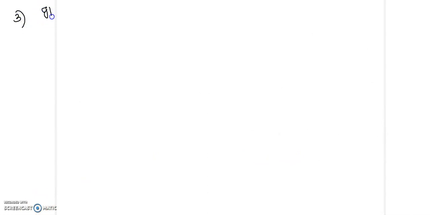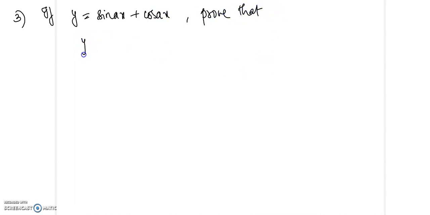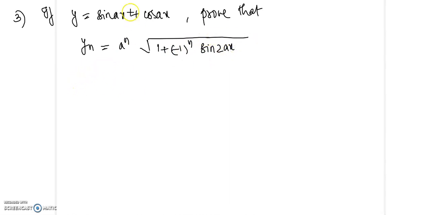This problem is: if y equal to sin ax plus cos ax, then prove that yn is equal to a raised to n root of [1 plus (minus 1) whole raised to n sin 2ax]. Now we have y equal to sin ax plus cos ax.